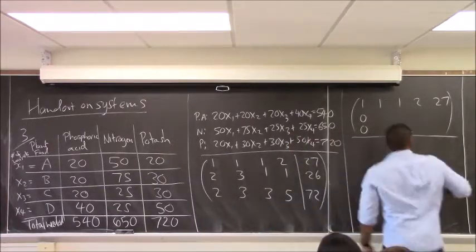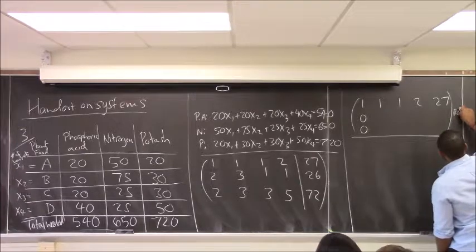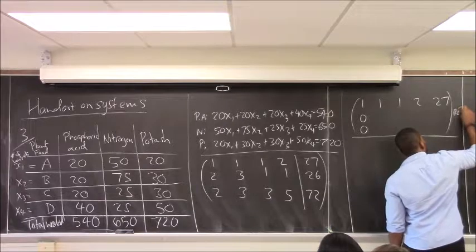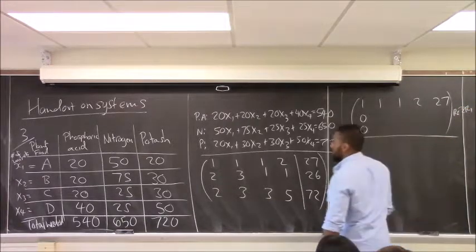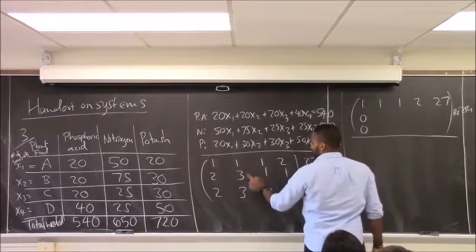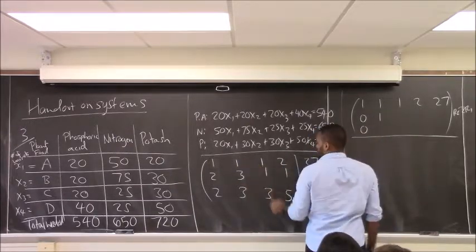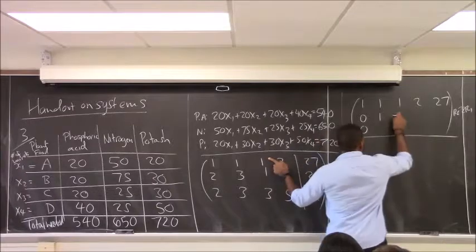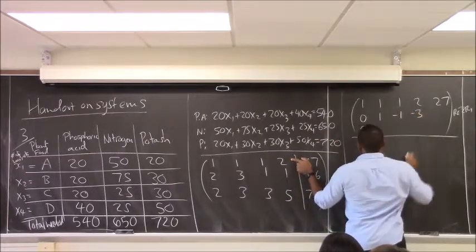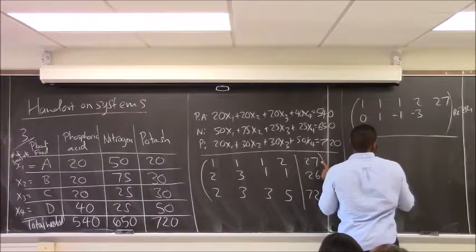I can do something like row 2 minus 2 row 1. Let's see there. So this minus 2 times that, 0. This minus 2 times that, 1. This minus 2 times that, minus 1. This minus 2 times that, minus 3. This minus 2 times that is going to be what?